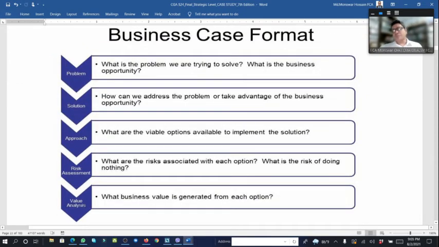Business case format means they are given a problem and we have to find a solution in different ways. That means based on your internal thinking, your calculation, your result, a case study result can be different.